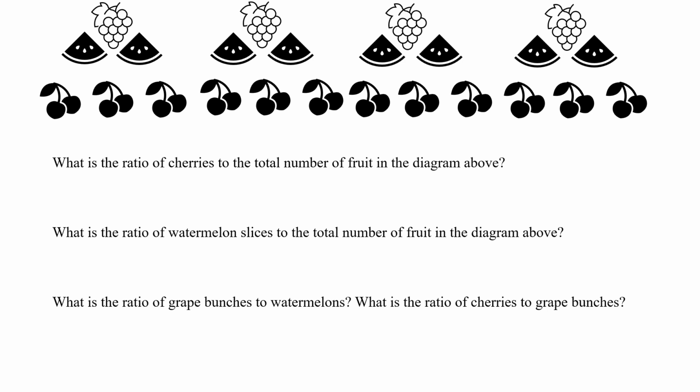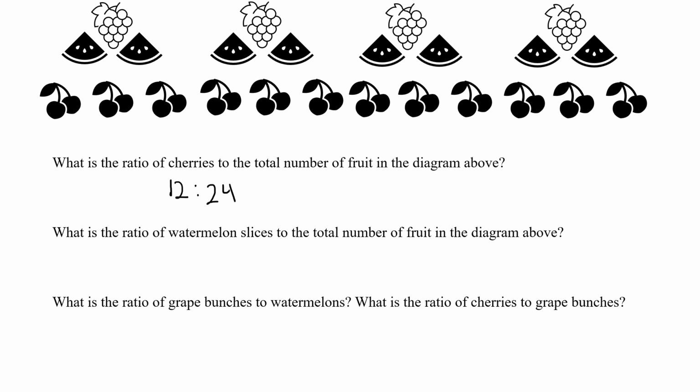Cherries are at the bottom, so there's 3, 6, 9, 12 of them. So 12 cherries. And the total number of fruit: there are 12 cherries and 8 watermelons, so 12 plus 8 is 20. And there are 4 bunches of grapes, so 20 plus 4 is 24. So the ratio of cherries to total fruit is 12 to 24.